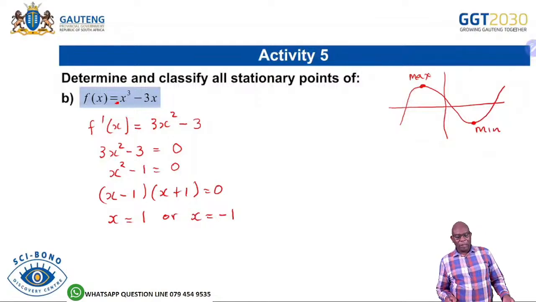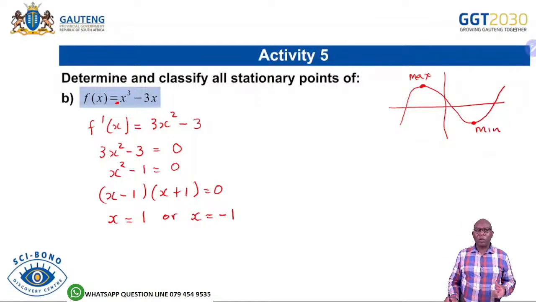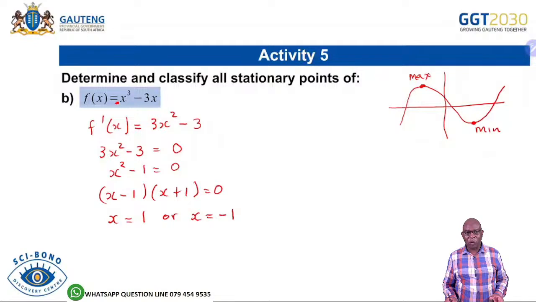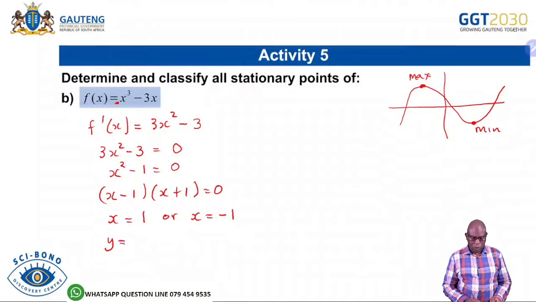So can you see now in this one, because it's cubic, now we've got 2 turning points. We've got 2 stationary points. So at x equals 1 and x equals negative 1. So we need the corresponding y values. So meaning that I substitute the value of x by 1 in the original. Remember, we substitute in the original. If I substitute x by 1, I'll get 1 minus 3, which will give me negative 2.